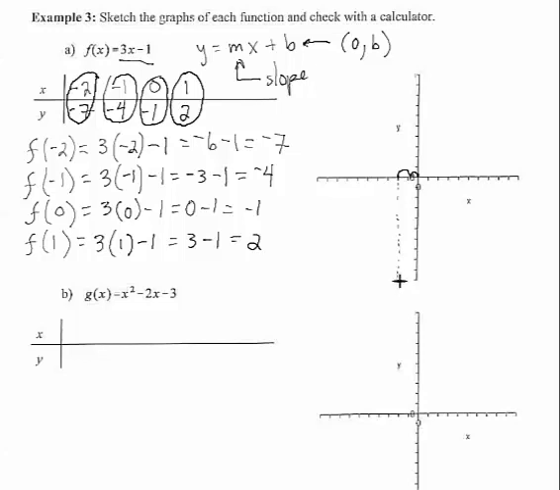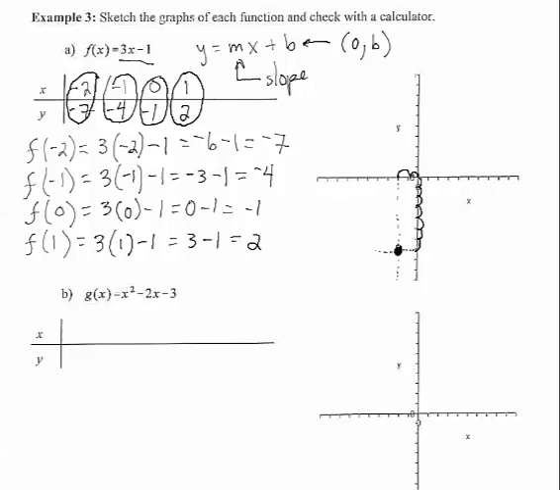Wherever this coordinate x equals -2 intersects with the y coordinate -7, and I'm going to use a scale of 1 for each unit, I need to go down 1, 2, 3, 4, 5, 6, 7. Okay, let me double check that. Okay, that looks right. -2 for x, -7 for y. Where those two coordinates intersect, I simply plot a point.